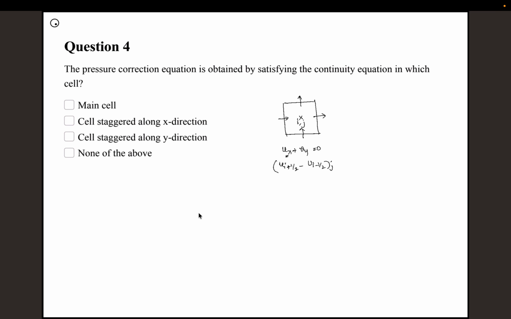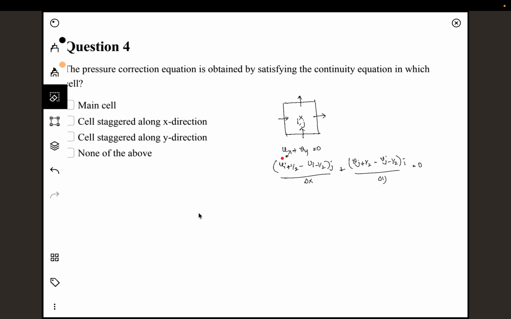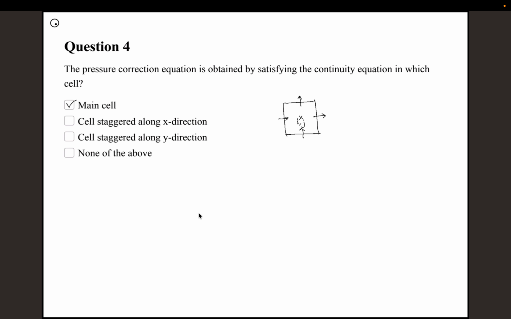Both are at j, both are at i. You can simply write this, but in order to write it, we are doing central differencing around the point i, j. That will be my main side. So this is for the x momentum equation, and this for the y momentum equation.